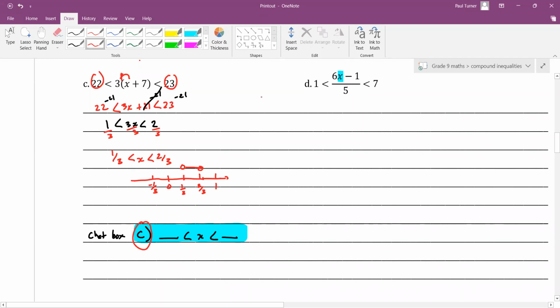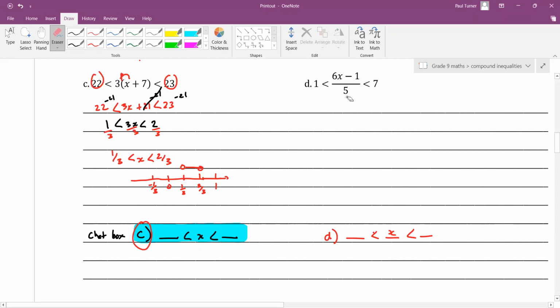Okay, so you try D now. So label this as D. And we've got something less than something, which will be x, less than something on here. Okay, so just to give you a hint, the first thing you've got to do here is you've got a 5 in the denominator.